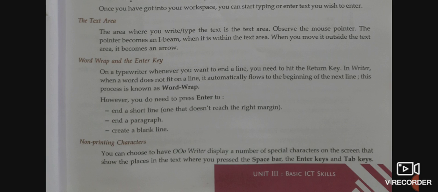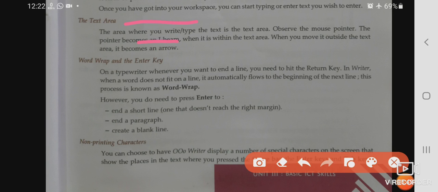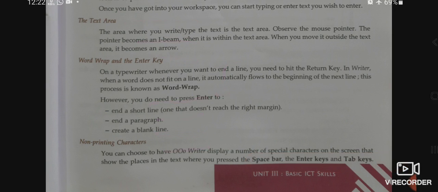When you finish a paragraph, suppose this you have written and now you want to finish the paragraph, press the Enter key two times. The next line will start like this. This is a space which you created using two Enter key presses. Then you can create a blank line also.